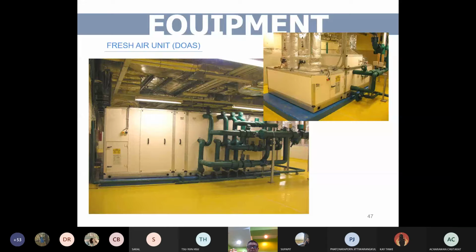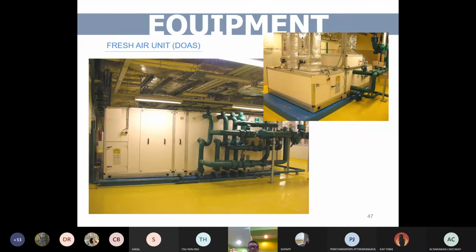Okay, so the fresh air unit is more popular because today we would like to control the outside air into the building as per the law and as per the ASHRAE standard 62.1.